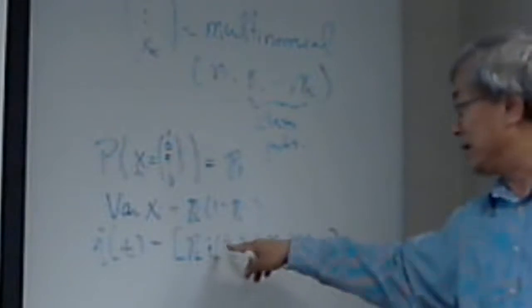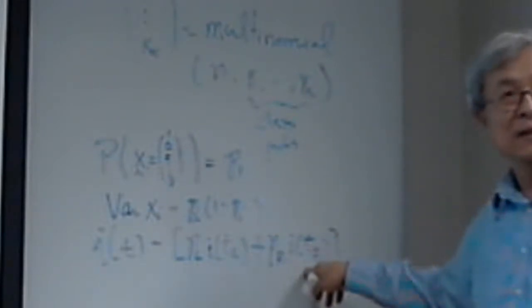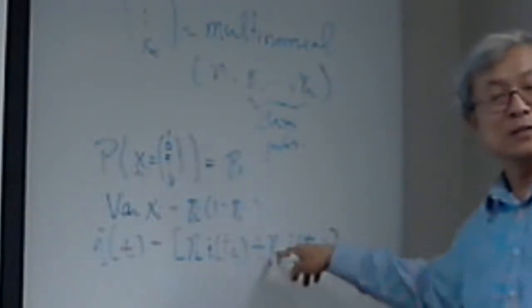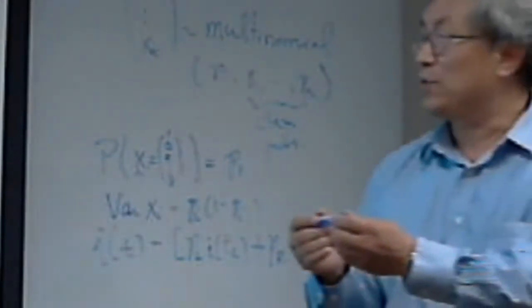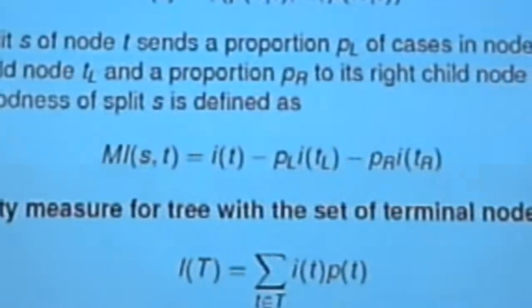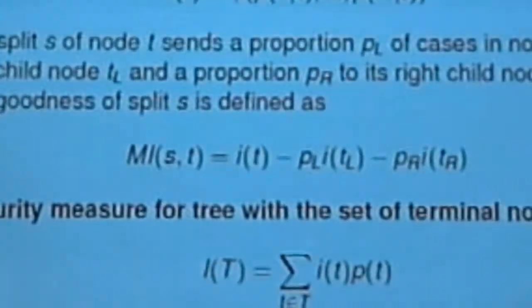The best result is that both child nodes are pure, so in that case both are 0, right? So basically this measures the goodness of the split, and we try to maximize this. So the idea of finding two child nodes is to maximize this.